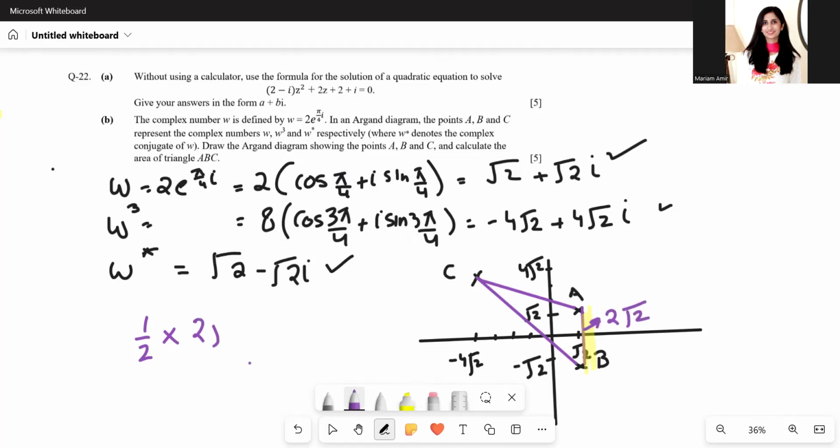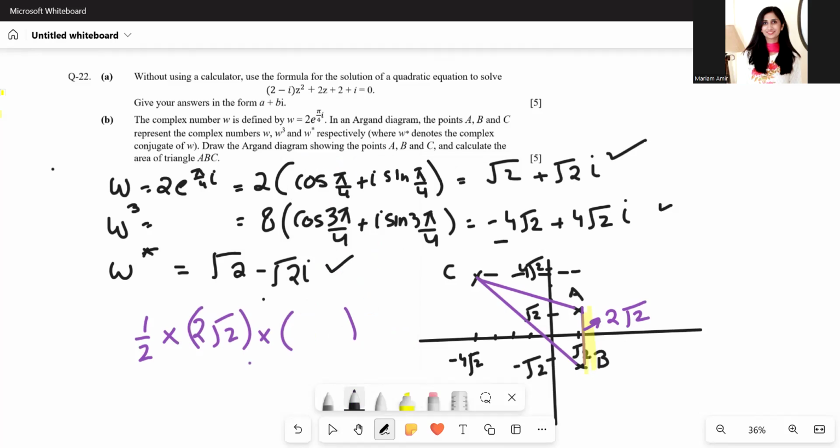Next is this distance, which is 4 square root of 2 towards the left of 0 and square root of 2 towards the right of 0.